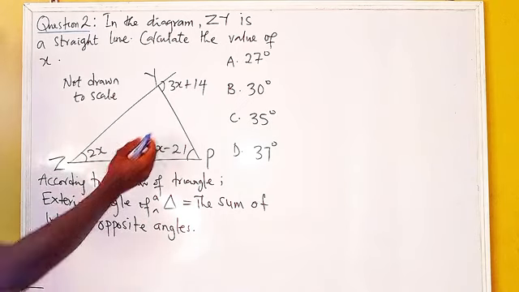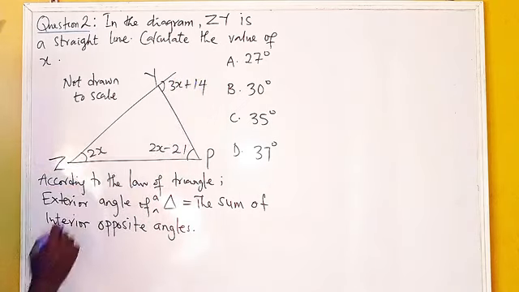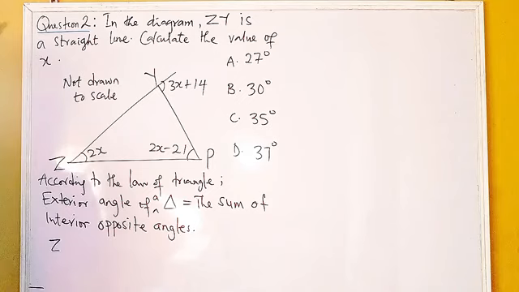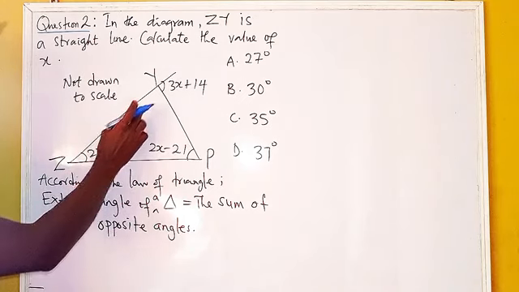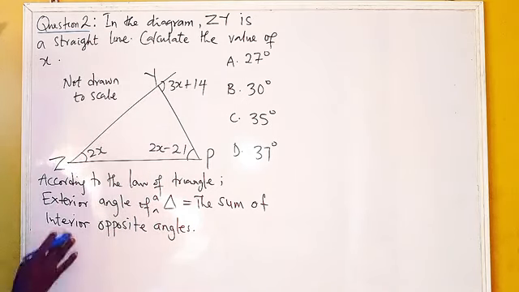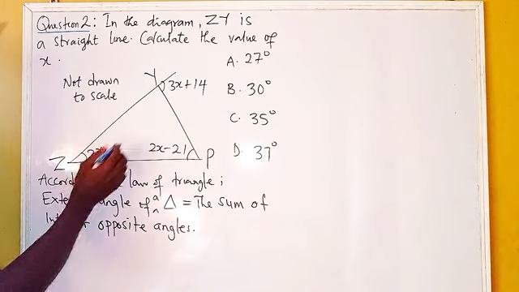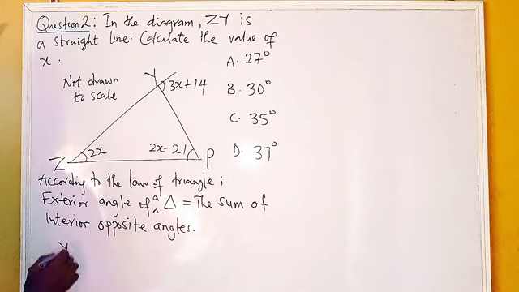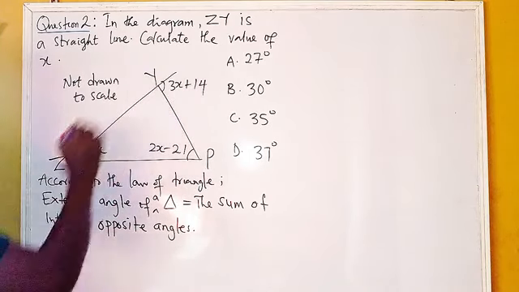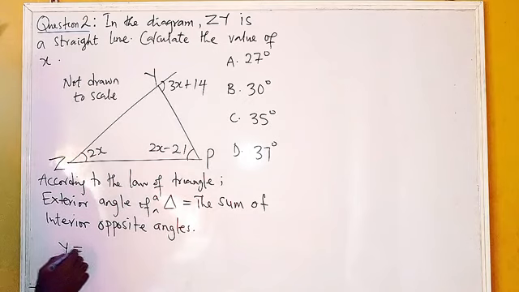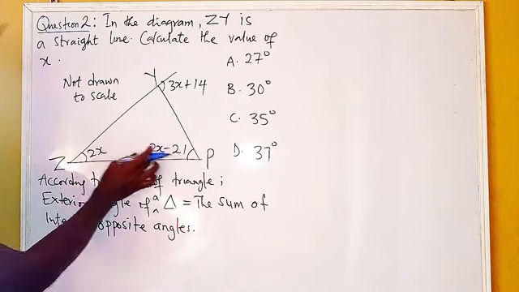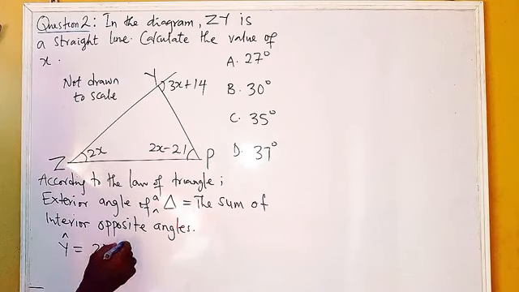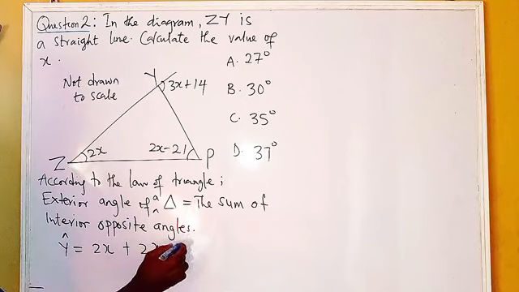So what we are saying now is that this angle here, let me call this angle Y here, is equal to the two angles we have here, which is 2x plus 2x minus 21.